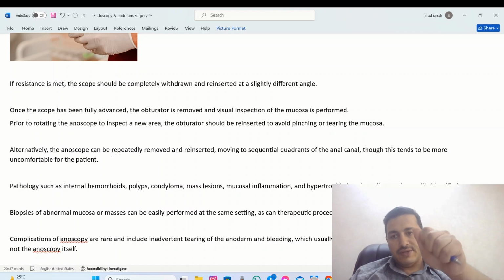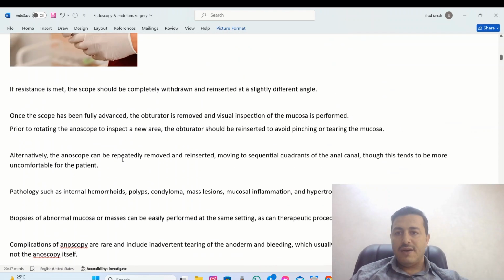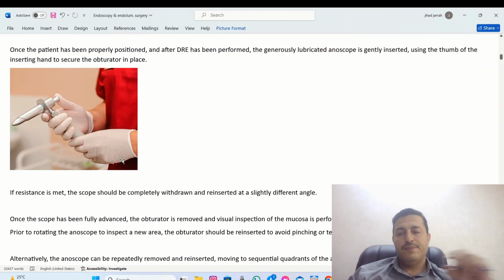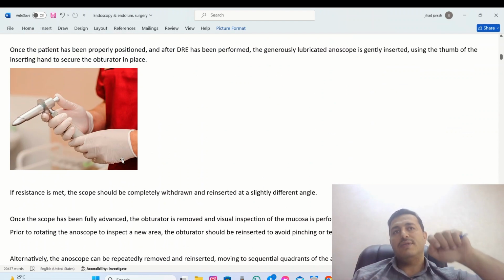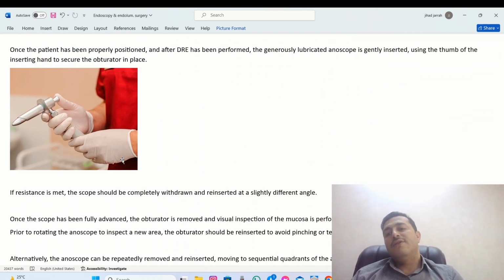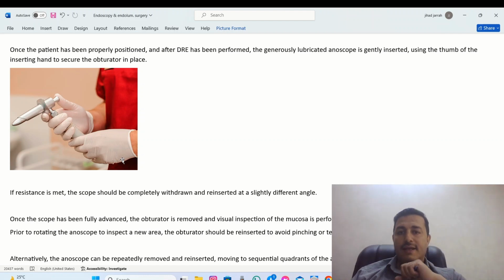After inserting the anoscope, you remove the obturator and you start to examine each quadrant in the anal and rectal mucosa.